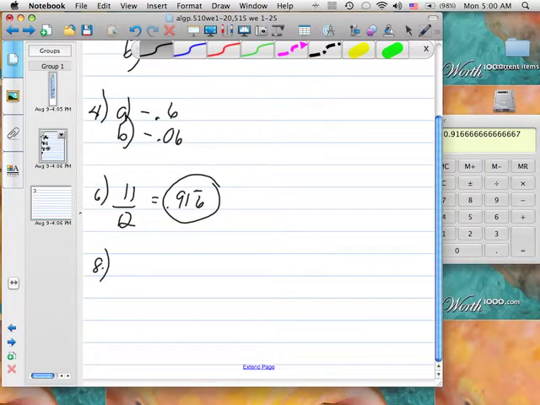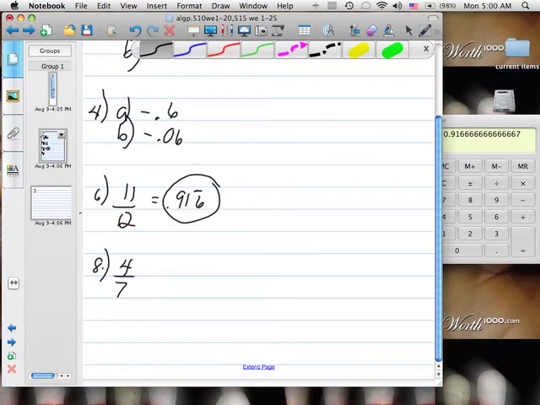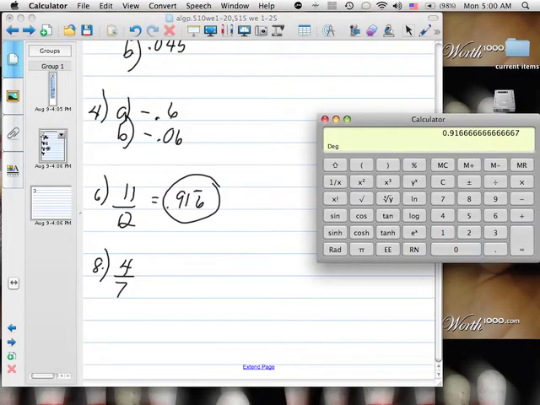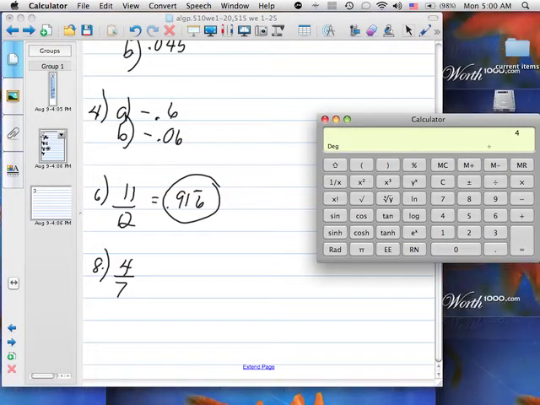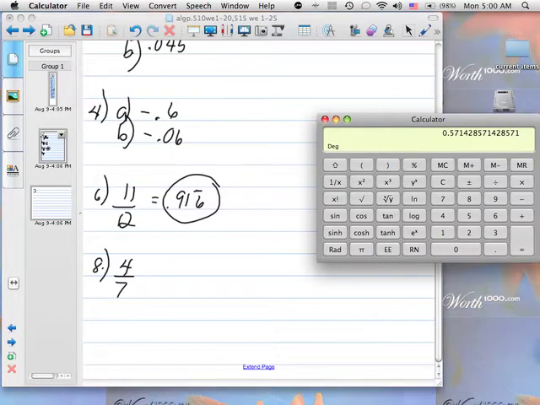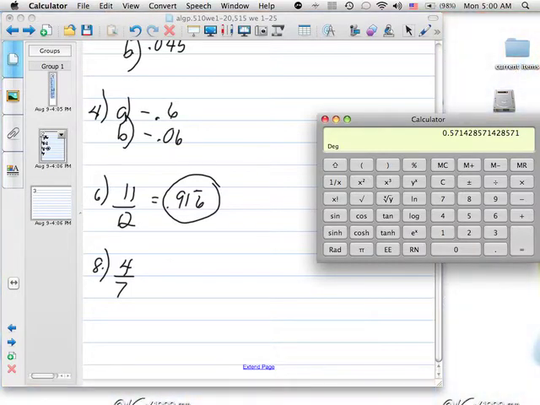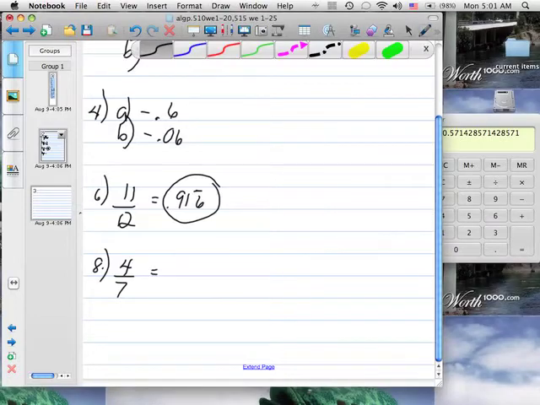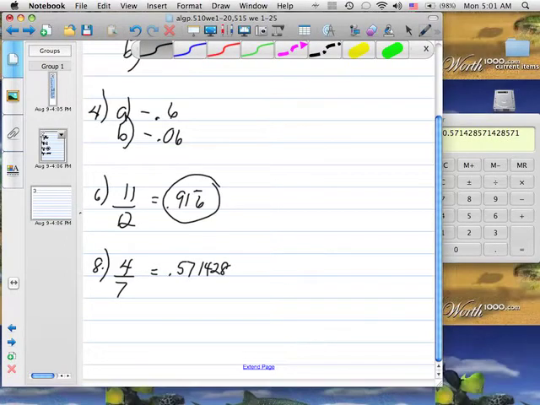Number 8, 4/7. The 7's are 6-digit repeating decimals. So it's going to be 0.571428 with a bar over all 6.